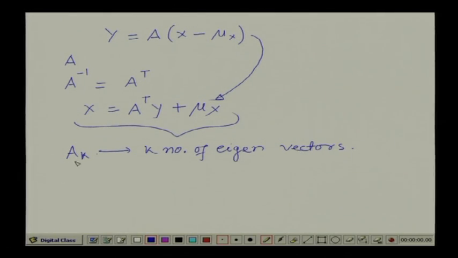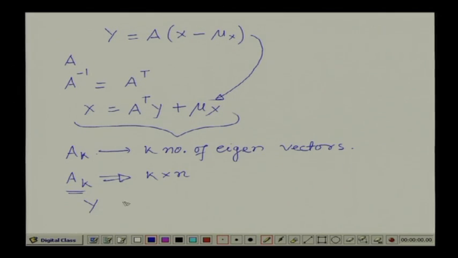So, obviously, this matrix A k will have k rows and every row will have n elements. So, the matrix A k will be of dimension k by n, and the inverse transformation will also be done in a similar manner. Using this transformation matrix A k, I apply the transformation.